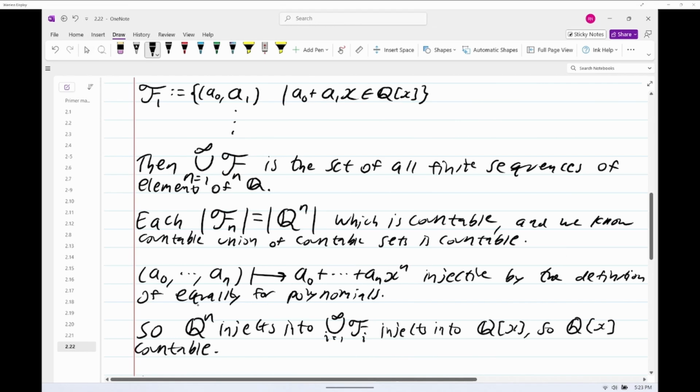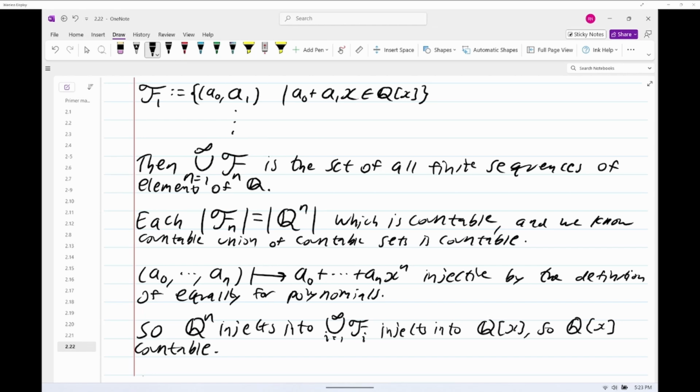And if we take something in an Fn, we can inject that into Q to the n, or into Q adjoin x, by sending this sequence to a0 plus and so on plus an x to the n, where we just send each of these elements of the sequence to that element adjoin x to its position. This is injective by the definition of equality for polynomials.